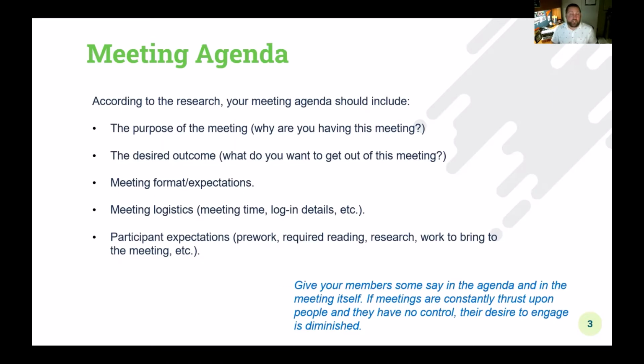If they have any agenda items that they want to send to you to include on the agenda, make sure they're a part of that process, right? It's extremely important to share that leadership with them, to make them feel as if they're an integral part, that they're going to have their say in the meeting. So it's important that that agenda comes together as a team.